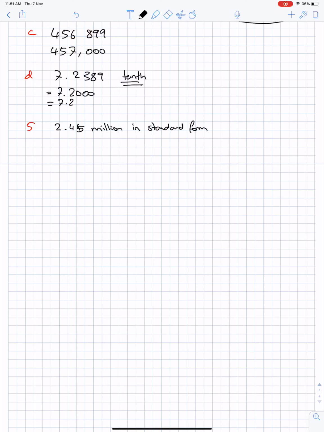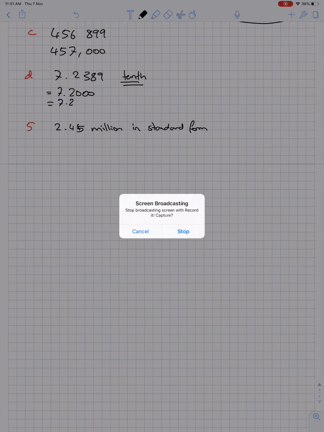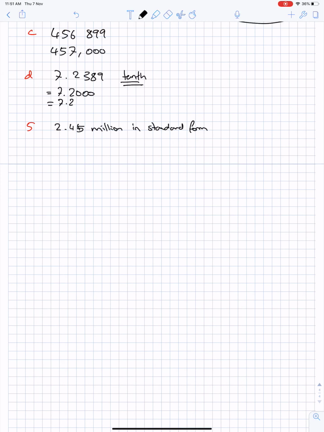Now let me just check. I've forgotten what standard form means. But let me just check what standard form is, and I'll get back to you. Okay.